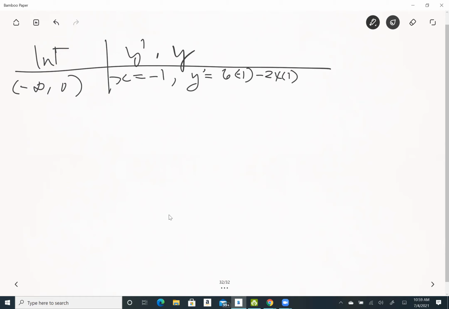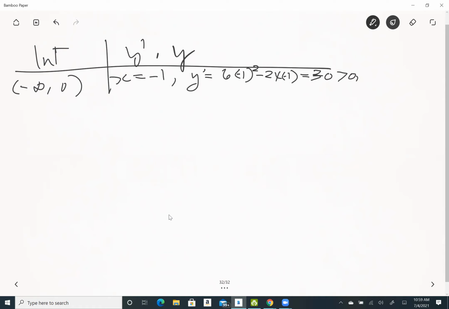So what is it equal to? 6 minus, no, negative 1 squared is 1. So it becomes 6, 6 minus 24 times negative 1, that becomes 6 plus 24, so that becomes 30, yeah. 30.